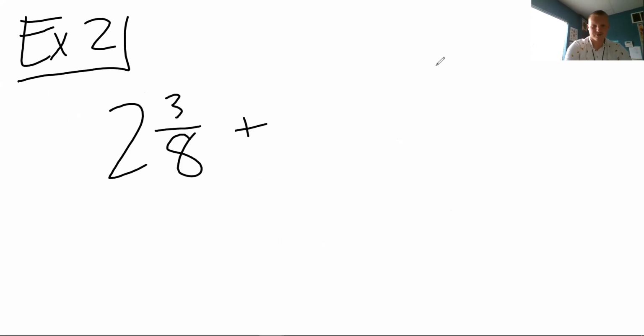All right, example 2, add mixed numbers. 2 3/8 plus 3, and I'm gonna change one number here, 6/8. 2 3/8 plus 3 6/8. Logan, how do I do this one?